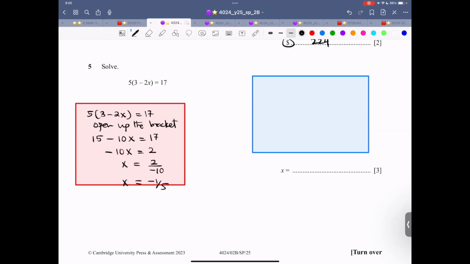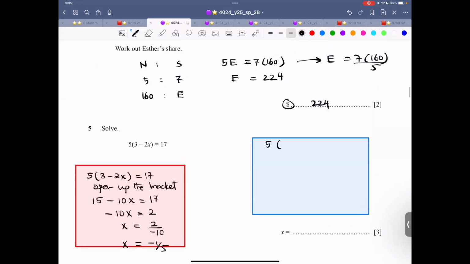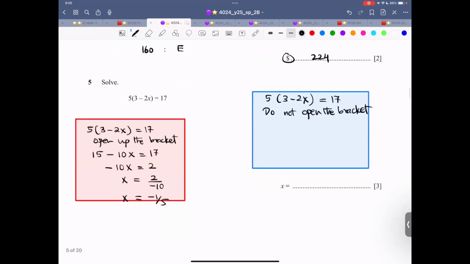Now, what is the other way? The other way is 5 bracket 3 minus 2x equals to 17, and do not open the bracket. So if you do not open the bracket, what do you do? Instead, you will divide. So 3 minus 2x is equal to 17 over 5. And then negative 2x is 17 over 5 minus 3.